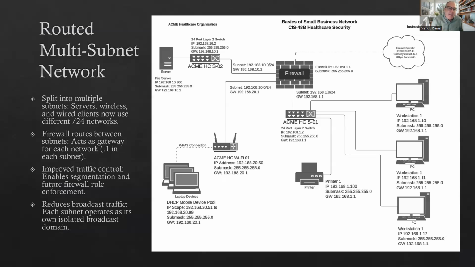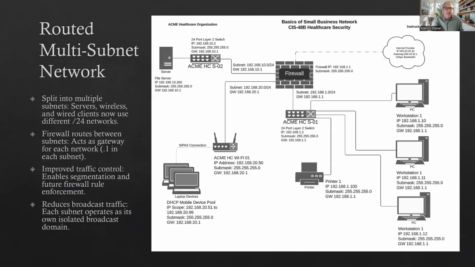I kept the original flat network IP address structure for my workstations, my switch, and my printer, but I've turned them into their own subnet. If you see there, they have subnet 192.168.1.0/24. That's the original flat network, and it still has the same gateway IP address, which is the same as the firewall IP address, right?